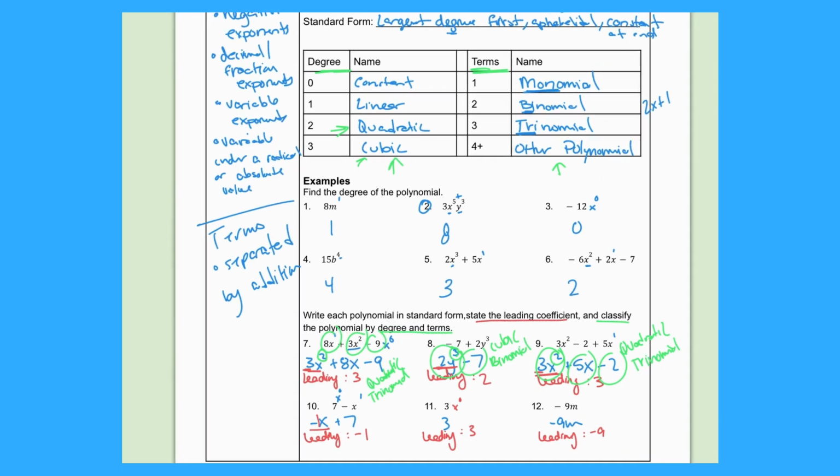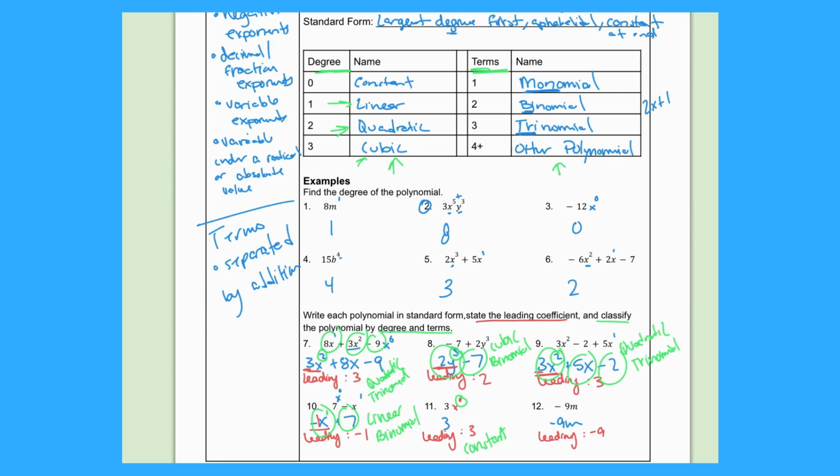Number 10. There's a hidden 1, so our exponent is a 1. 1 was going to be linear. And it has 1, 2 terms, so that's a linear binomial. Number 11, there's just a single term here. It has an exponent of 0, so that's going to be just a constant. When it's a plain old number by itself, it is a constant.